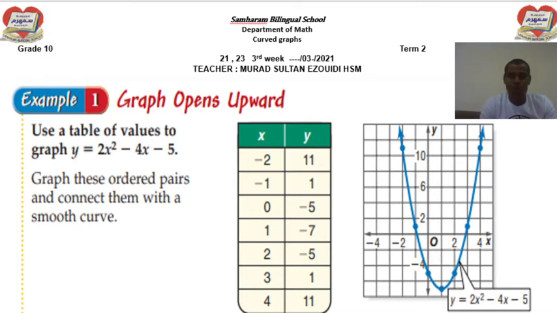Okay, that is located at what? At 2, 3. This is the turning point. In this case, this round one is the maximum, and it's called the vertex. Only this one. So 3 it will be 2, and so on.